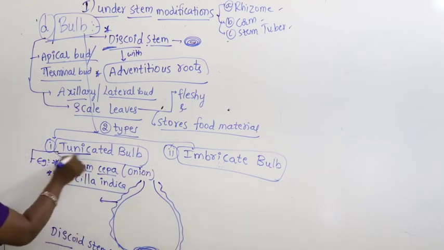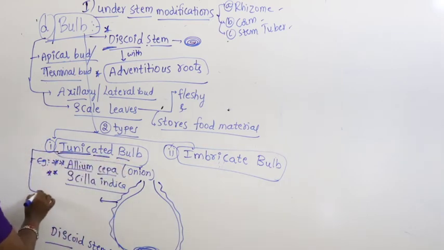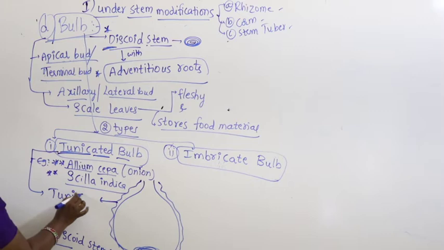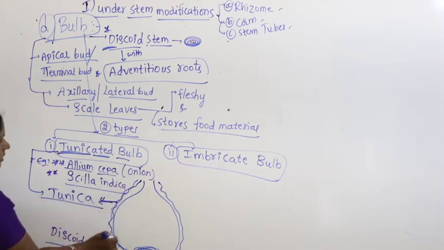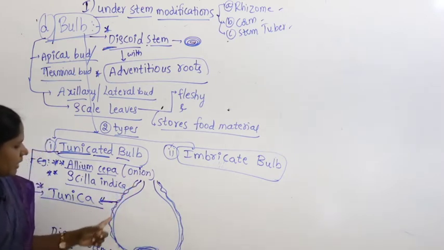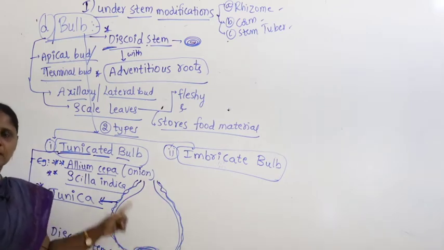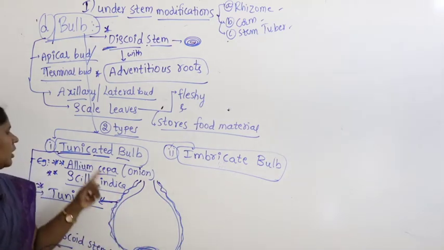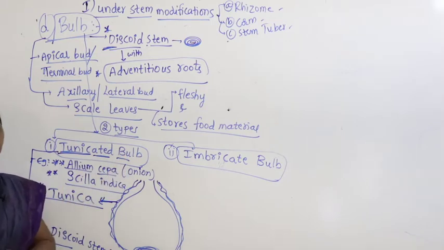So why is it called a tunicated bulb? Because it is covered by tunica. This outermost layer is called tunica. As the bulb is covered by a layer called tunica, that's why it is called a tunicated bulb.